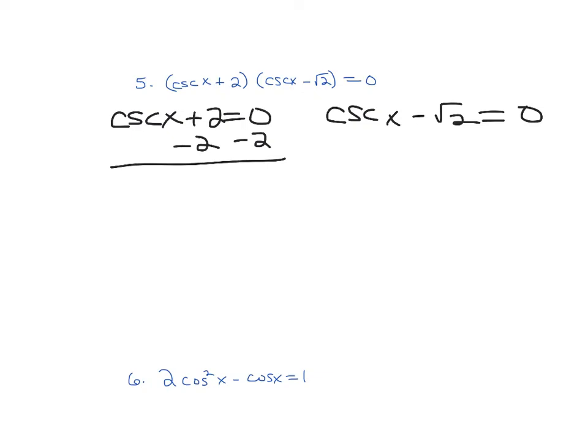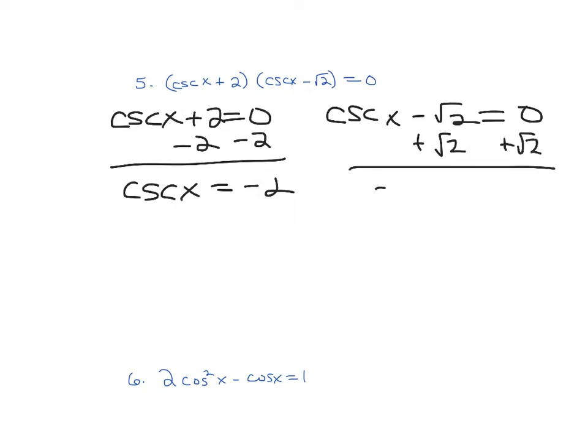Solve each one. Cosecant x equals negative 2. Add the root 2. Cosecant x equals root 2. Cosecant is the reciprocal of sine. So I'm really looking for sine, and sine is y. So I'm looking for a y that equals negative 1/2.